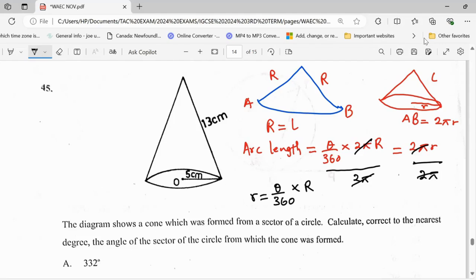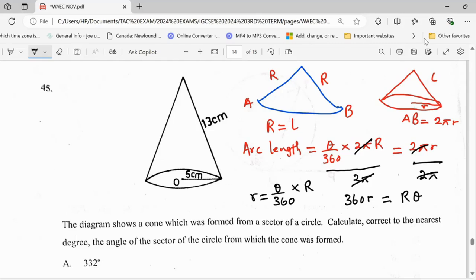Now, if we are looking for the angle of the cone, that is the angle of the sector, which is this theta here. If I make theta the subject, I can cross multiply this. If I cross multiply, I'm going to have 360r equals big R theta. Remember that the big R is the radius of the sector, while small r is the radius of the cone.